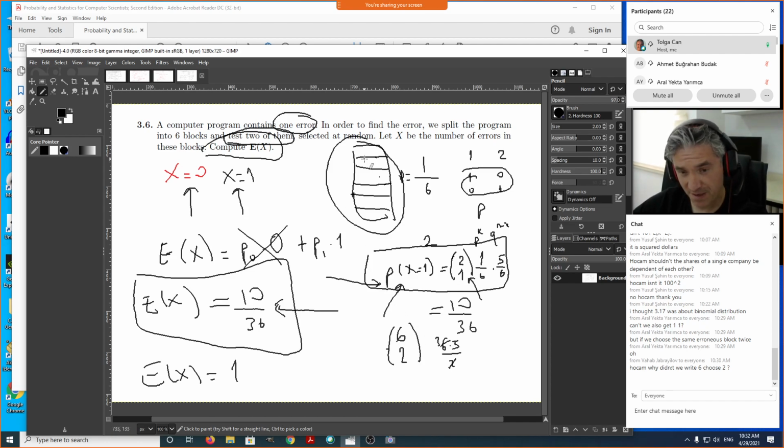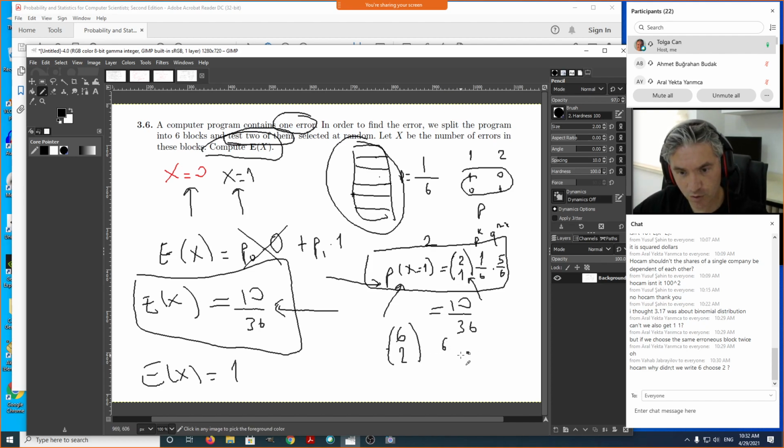So out of 15 possible cases, how many of them contain exactly one error out of these? So we are going to find this. So this total is, so I did this right? 6 choose 2. No, actually I did it incorrectly.